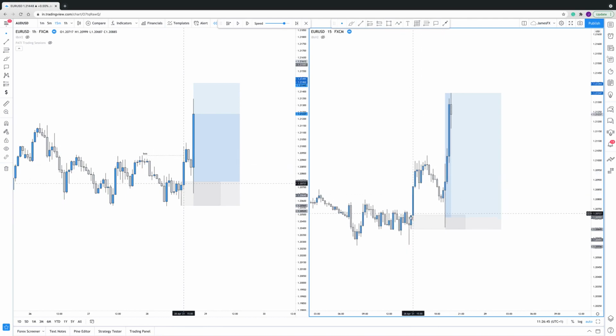Now, obviously these are risky entries if you're just placing entries without any confirmation once price comes in.